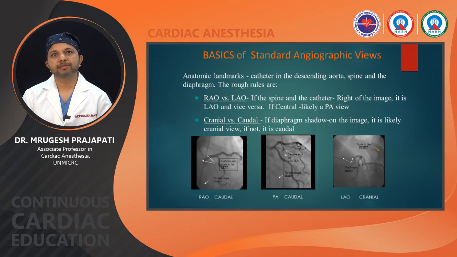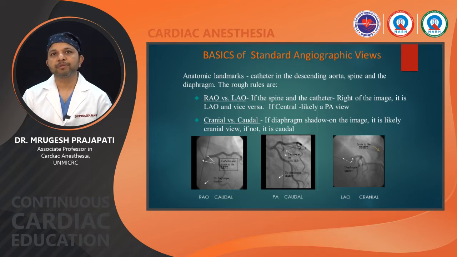Now let's see some basics for the standard angiographic view of the coronary arteries. For identifying the coronary angiographic view, there are some important anatomical landmarks. The catheter in the descending aorta, the spine and the diaphragm are important anatomic landmarks.